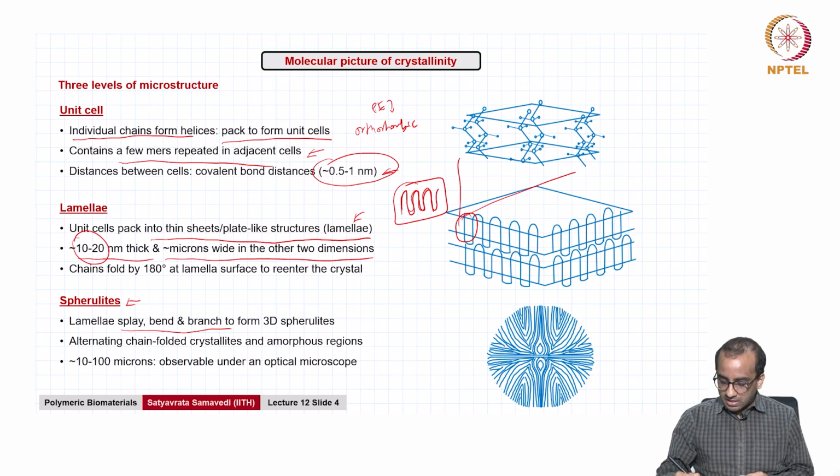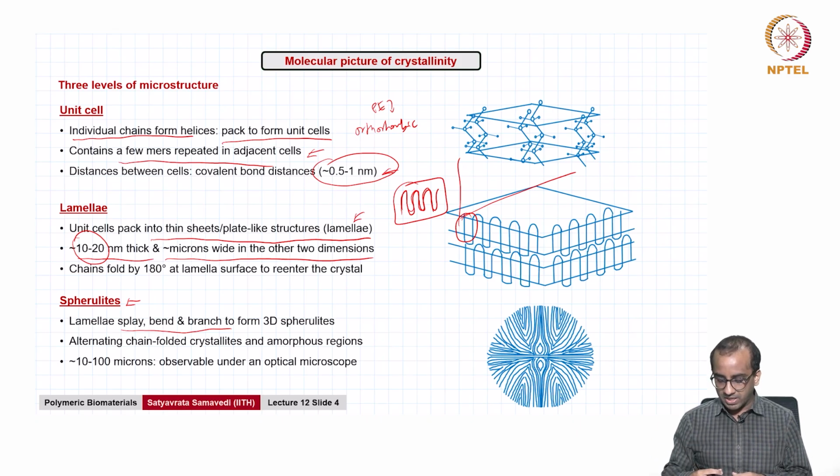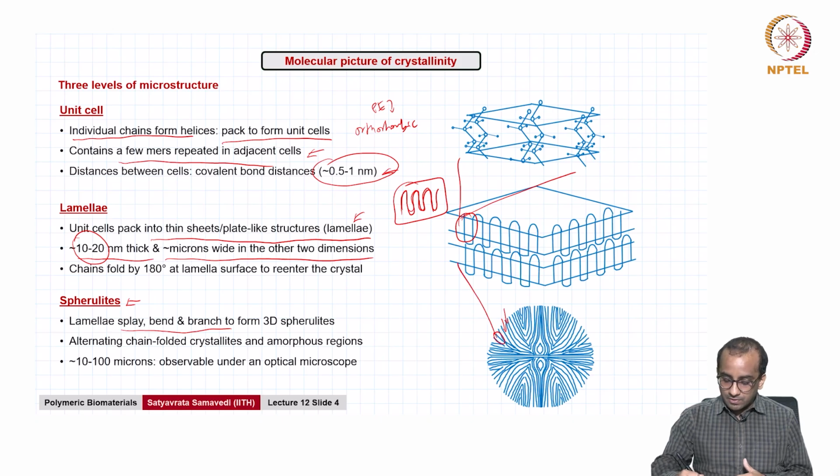Within the 3D spherulites, which are a radially, outward growing set of microstructures, you can have alternating crystalline and amorphous domains. The lamellae itself could come from here, whereas in between you can have tie molecules or disordered regions, thus giving you the alternating structure of amorphous and crystalline domains.